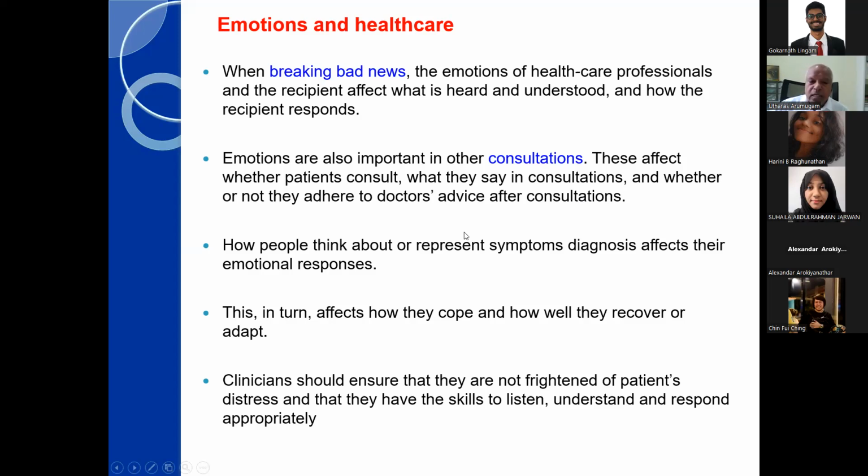So learning how to handle the patient's emotion is one of the important skills that you have to develop in order to foster a sense of being understood in the patient. How people think about or represent symptoms and diagnosis affects their emotional responses.